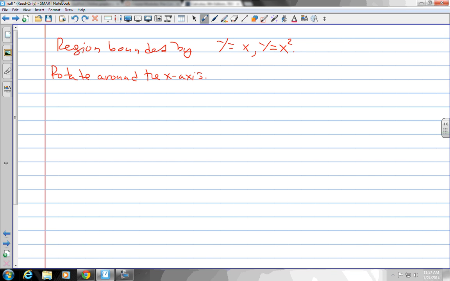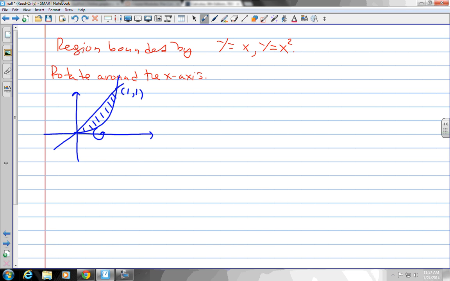I'll do it both ways. Okay? We'll do the disk method and the shell method. We'll do both. We're rotating around the x.